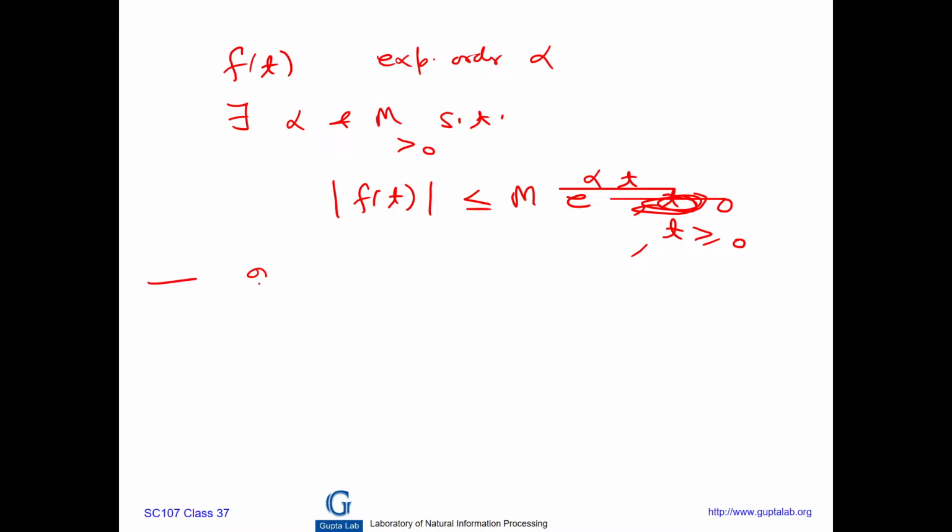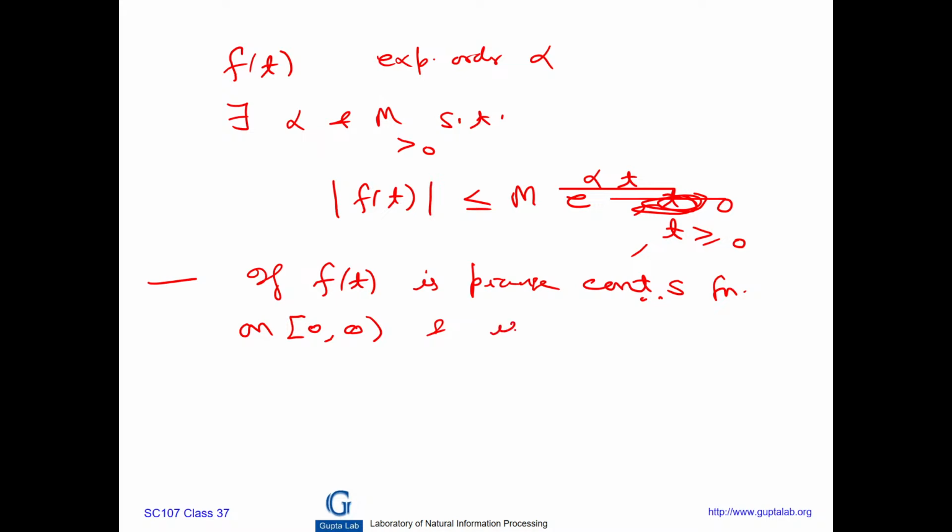So then, when does the Laplace transform exist? If f of t is a piecewise continuous function on the interval 0 to infinity and is of exponential order alpha for t non-negative, then the Laplace transformation of f of t exists.